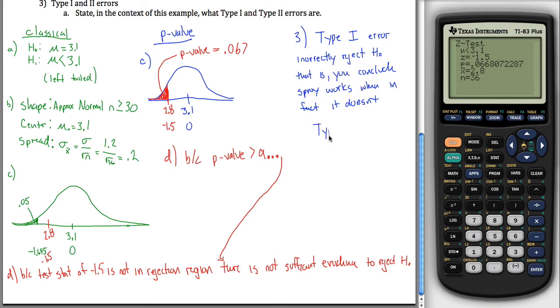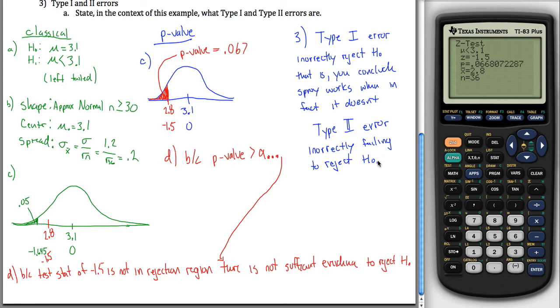Type 2 error. It's kind of the other way you can go wrong. So the type 2 error is you incorrectly fail to reject. So incorrectly because it still says error, but now we're having our other conclusion, failing to reject. So if you fail to reject the null hypothesis, you don't conclude that the drug works.